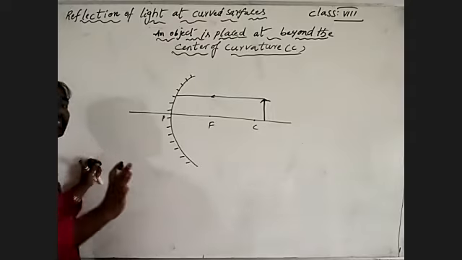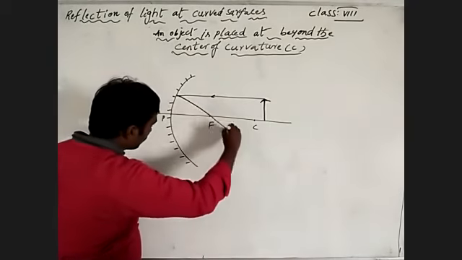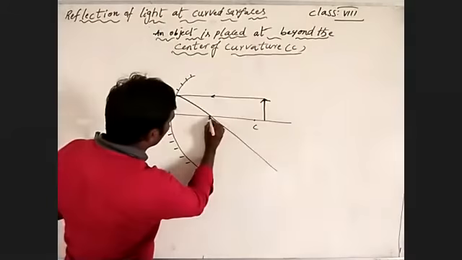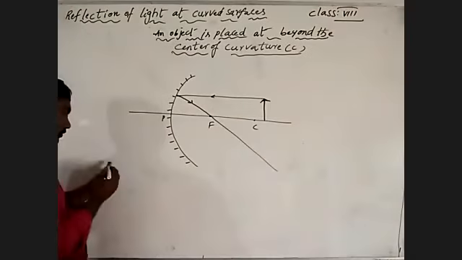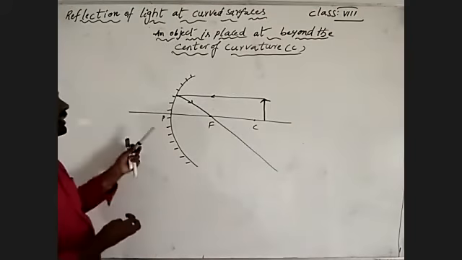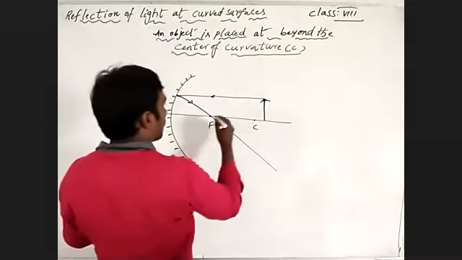The light ray which travels parallel to the principal axis takes reflection through the focus. And one more light ray we can draw through the pole, otherwise through the focus, not a problem.